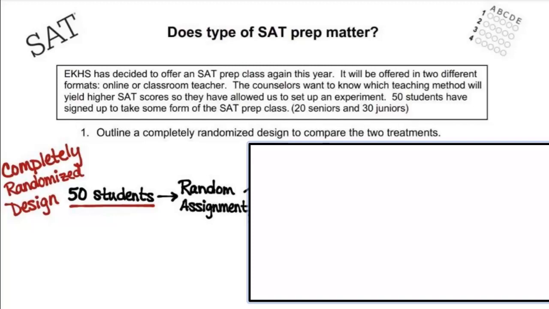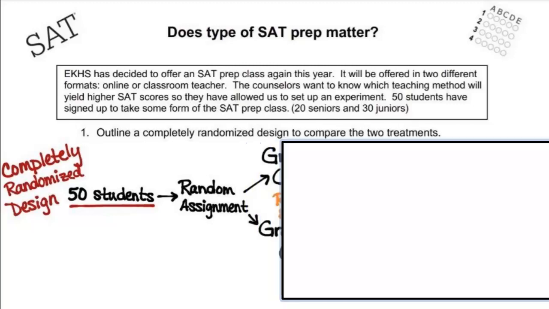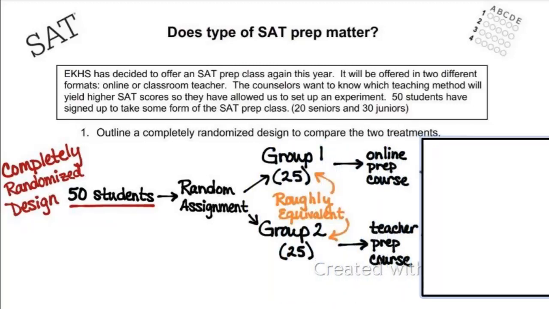So you talk about, in Ben's example, the 25 random numbers that get pulled, they get assigned to the online prep class, and then you have to explicitly state the other 25 unselected numbers are going to be assigned to the teacher prep course. So group 1, 25, group 2, 25, you always want those to be roughly equivalent. Show me which group is getting assigned what.